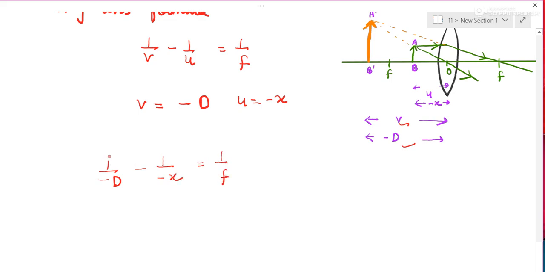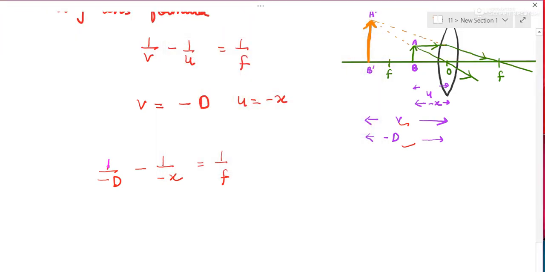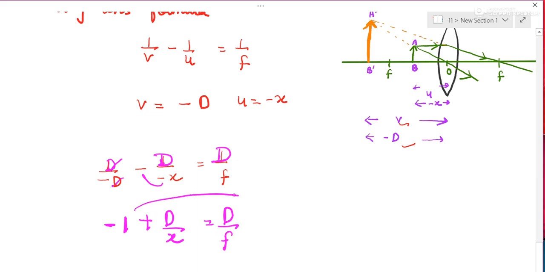Multiply with D on both sides. So D cancels, it is minus 1. Minus minus plus, D by X is equal to D by F. So minus 1 will go this side.